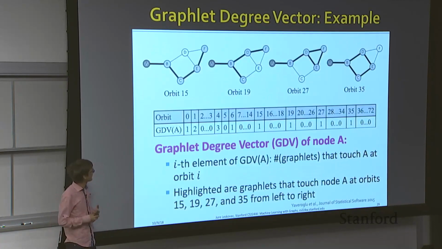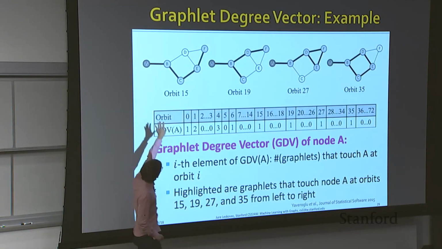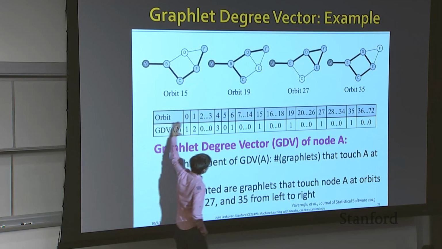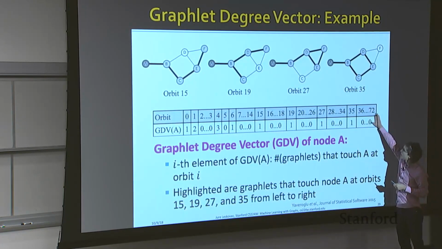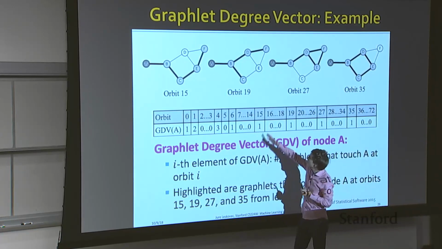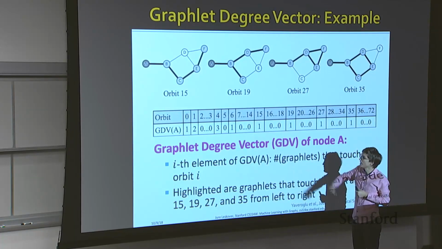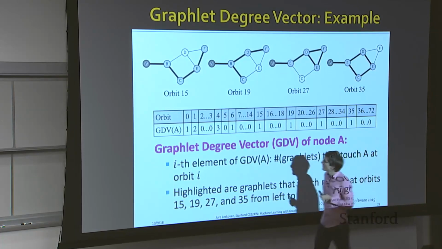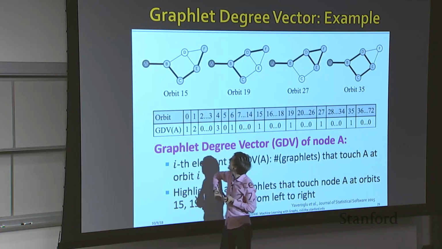And just to clear out any confusions, what I want to show here is now, for a different graph, its graphlet degree vector of length 72. And here are different examples of instances of a given graphlet and orbit for the node A, right?